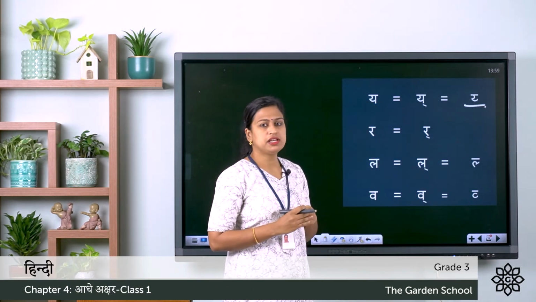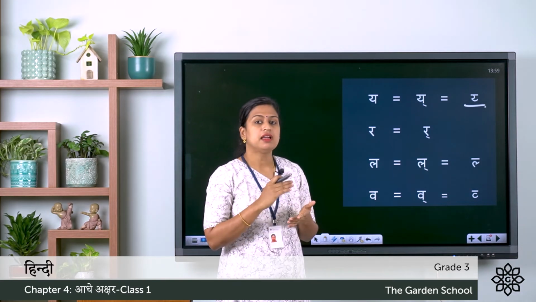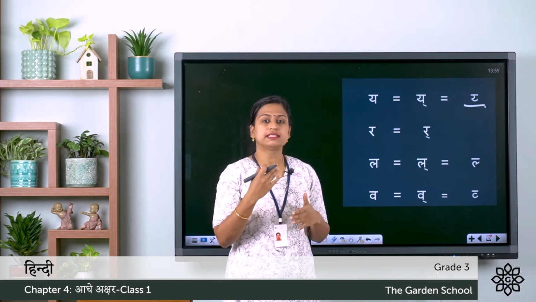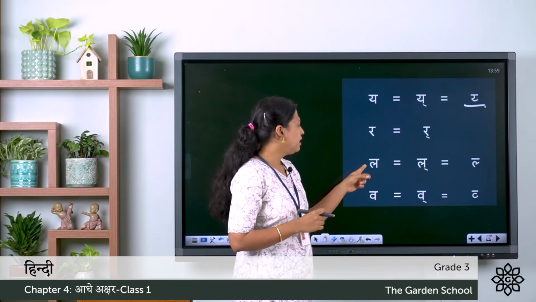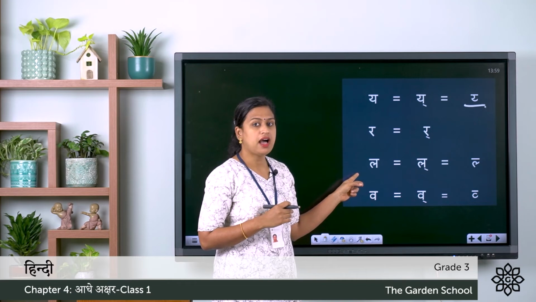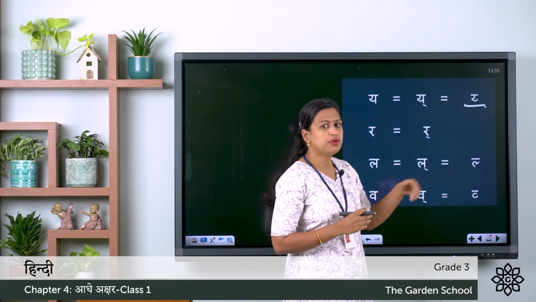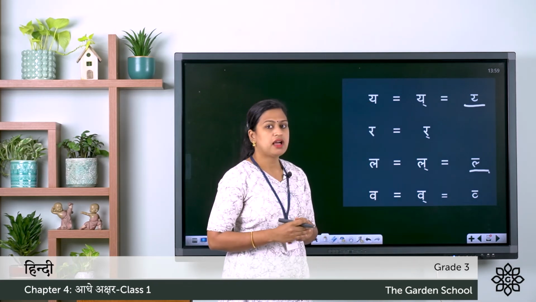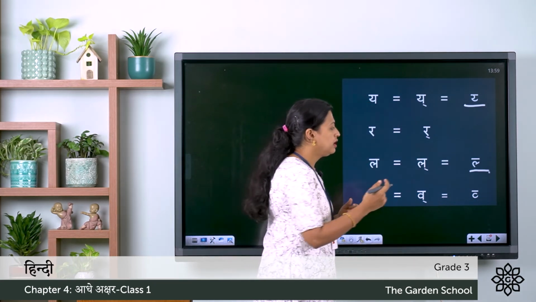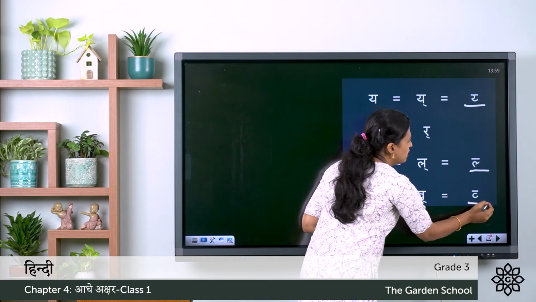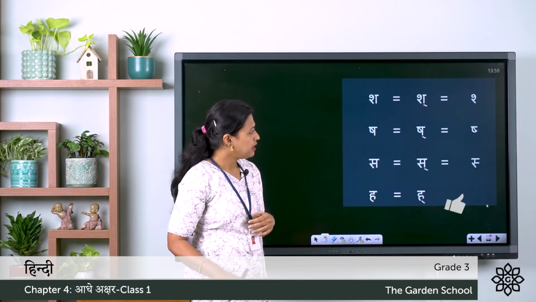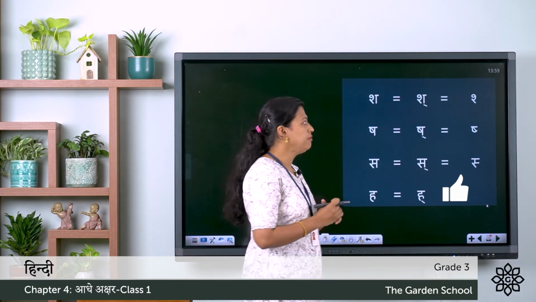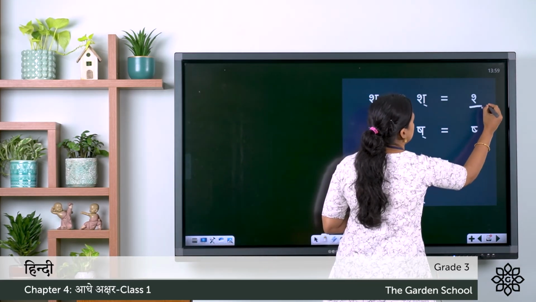Then the next Vyanjan akshar is ra, and this ra has three types of half forms. So ra we will discuss in the next class. Next Vyanjan akshar is la, and in the half form of la there is no standing line. Next one is va. Va also in the half form has no standing line. Next it's sha. Here also in the half form there is no standing line.